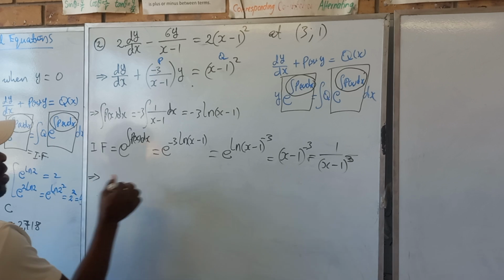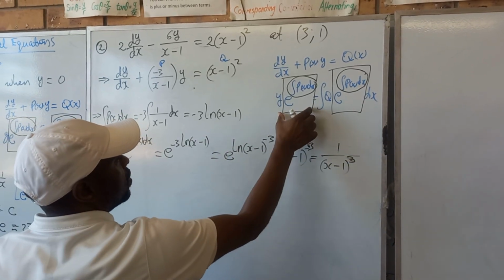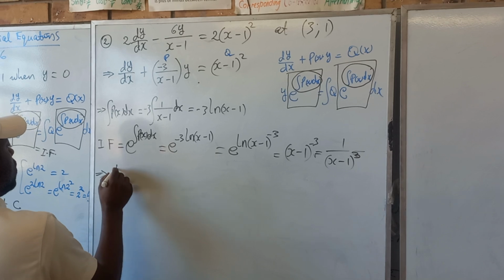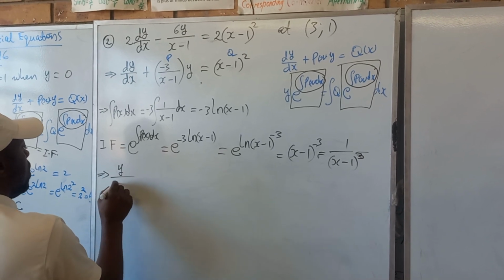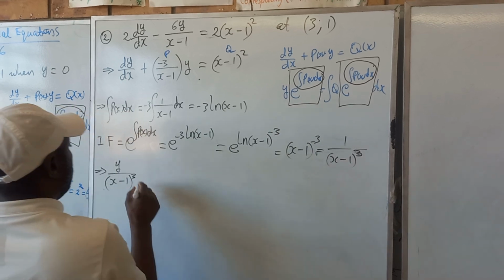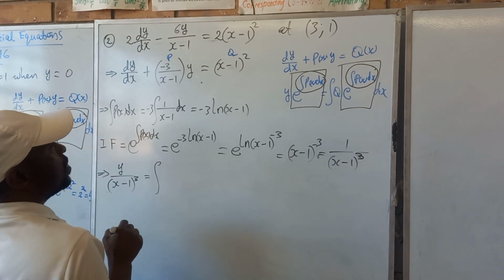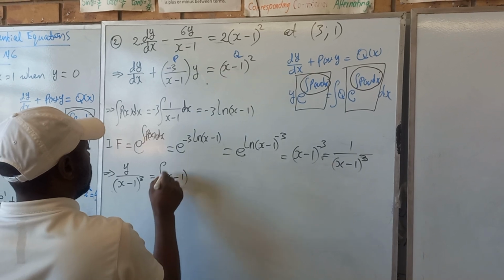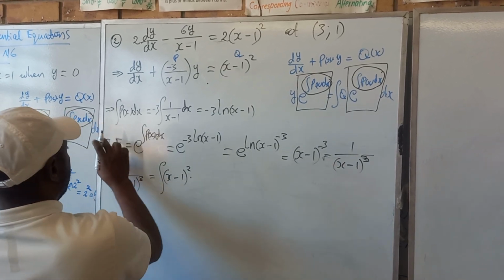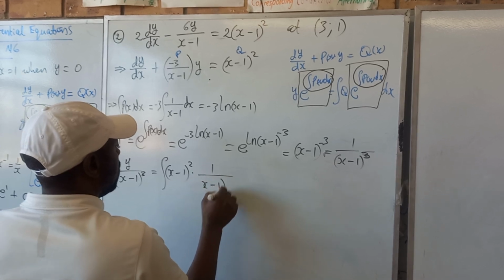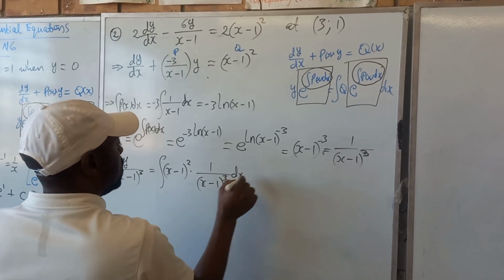Integrating factor, so we can go back to the formula and slot it here on the right and there on the left. So the left side will simply become y over x minus 1 cubed. Then on the right, our q, you see up there, is x minus 1 squared. Then our integrating factor gave us 1 over x minus 1 cubed dx.